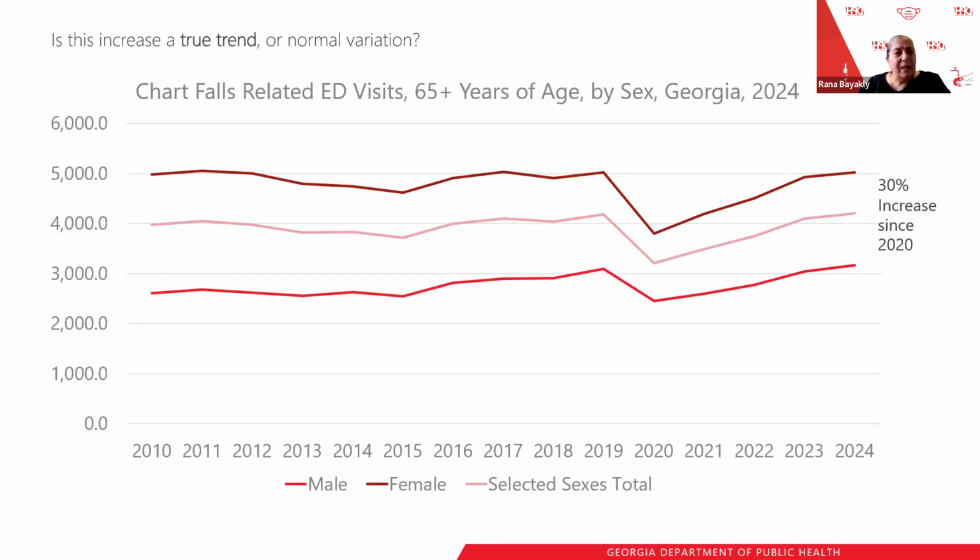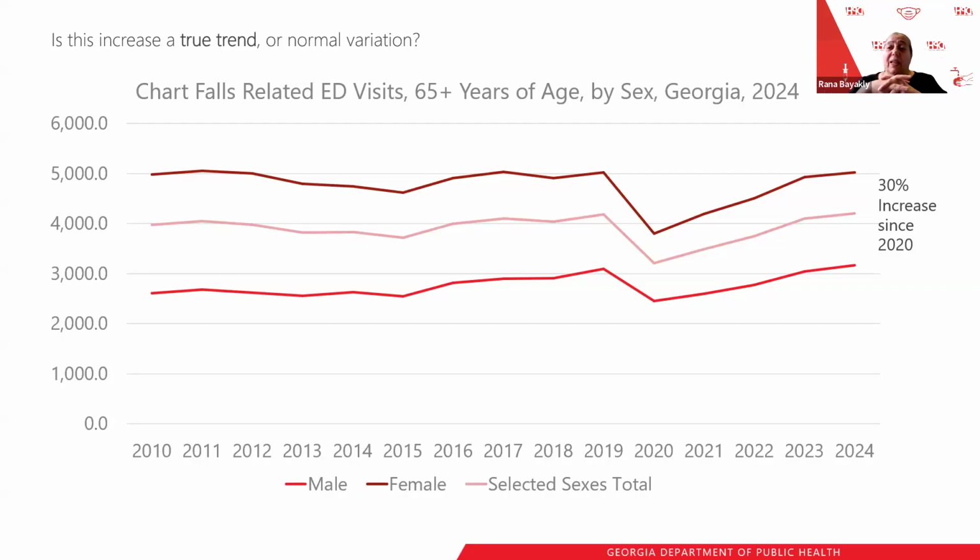I went back and instead of selecting all the years, I selected 2010 to 2024. And I selected the group that the CEO was focused on, the 65 years and older. And I did it by sex to see if there are differences throughout the years, or if 2024 is just unique, with more females than males.